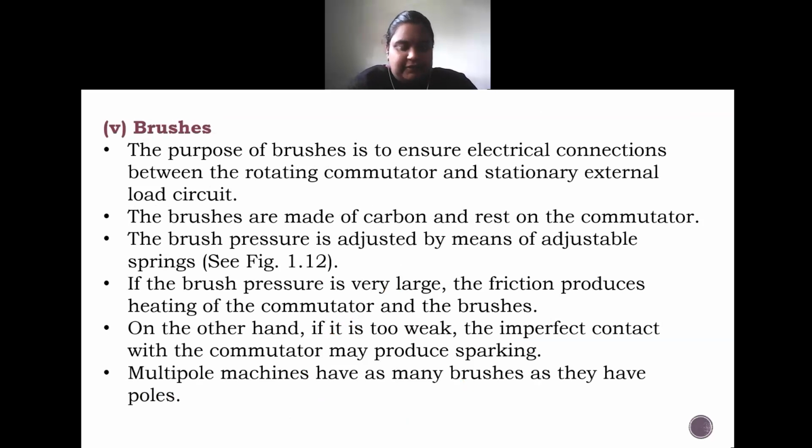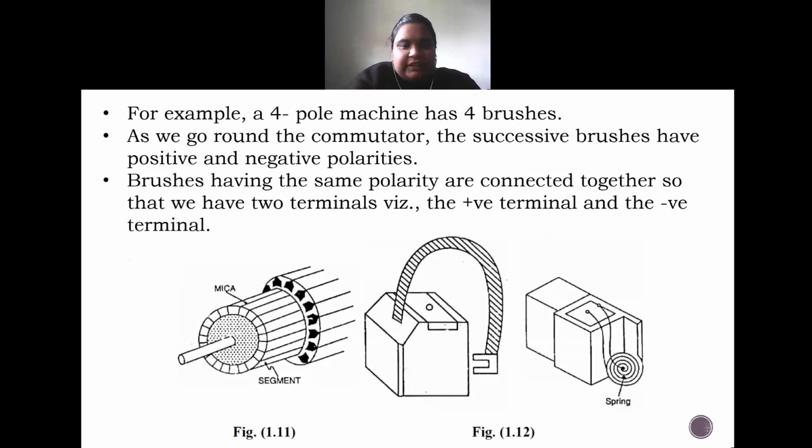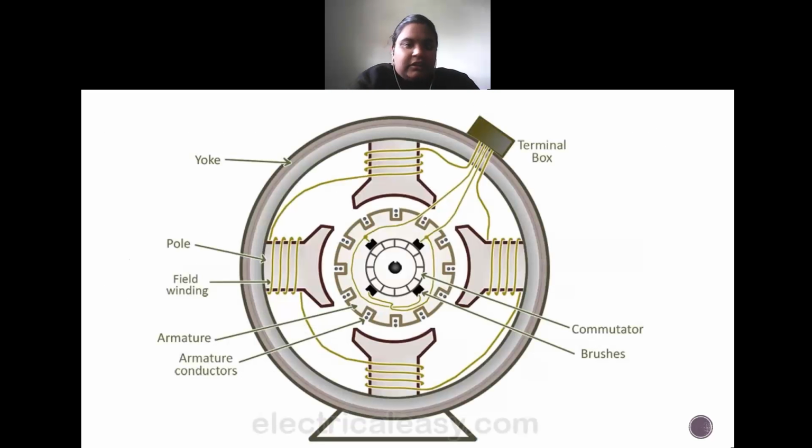The purpose of the brushes is just to collect the current that is produced in the armature circuit and give it to the external load. That is the only thing the brush does. We have seen different types of brushes and how they can be adjusted. This is the total structure of the DC machine.